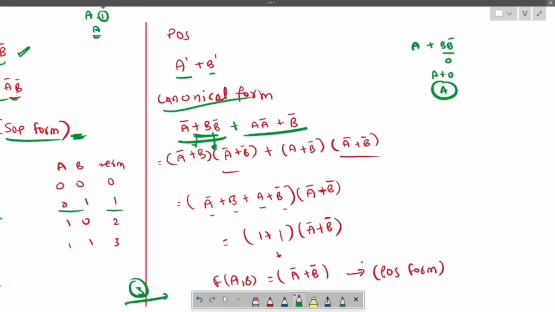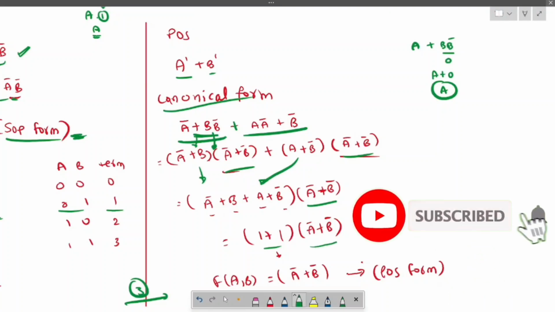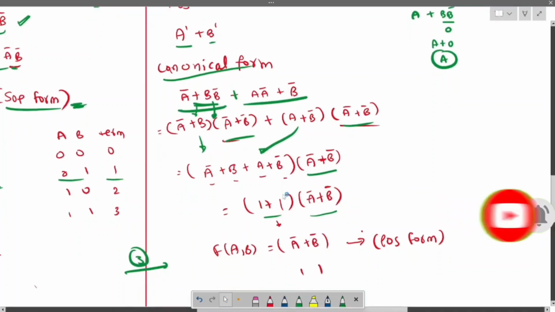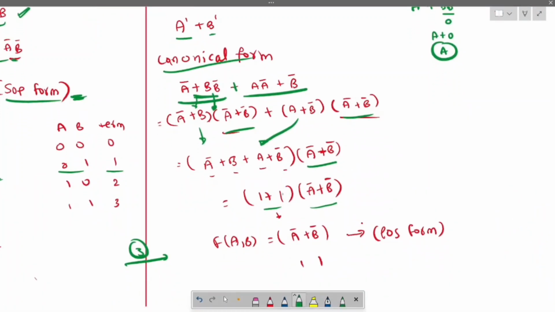While seeing this, you can say that these two have a common term, a bar plus b bar. Take it as common, and the remainder is 1 plus 1, and 1 plus 1 gives the result 1. We are left with a bar plus b bar. For a bar plus b bar, we write the bars in terms of 1 1.